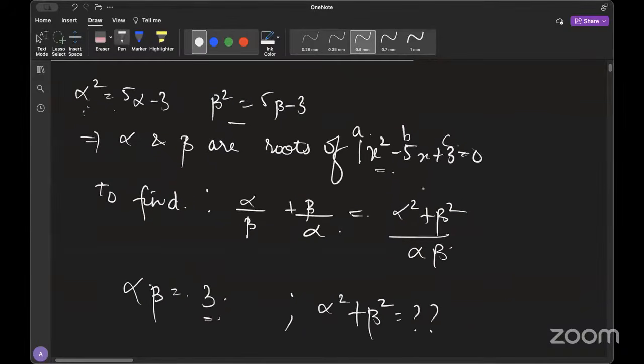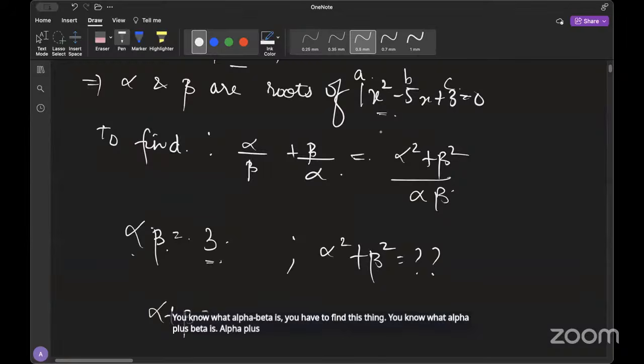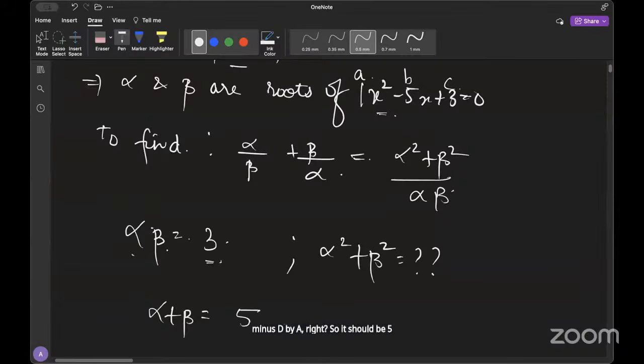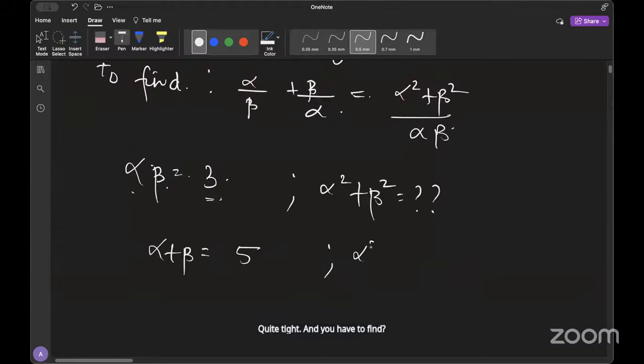One way is to find the roots of this quadratic equation and then find this expression. The other way is, you know what alpha beta is, you have to find this thing. You know what alpha plus beta is. Alpha plus beta should be minus b by a, right? So it should be 5 by 1, so it's 5. And you have to find alpha square plus beta square.